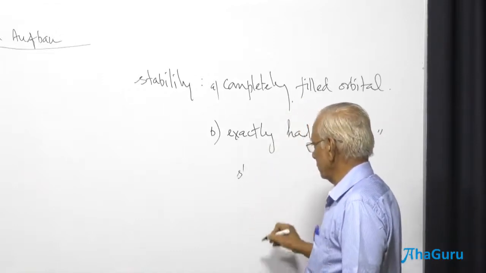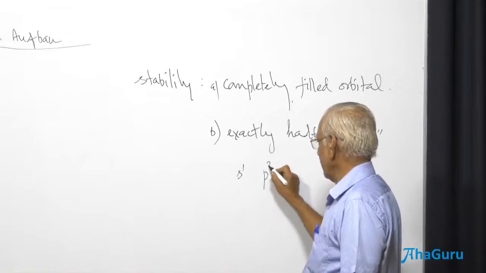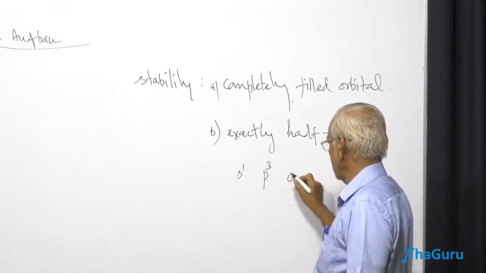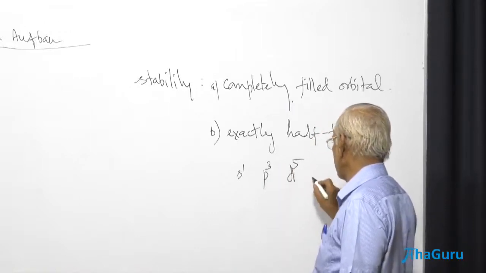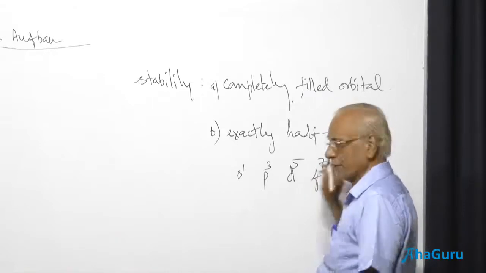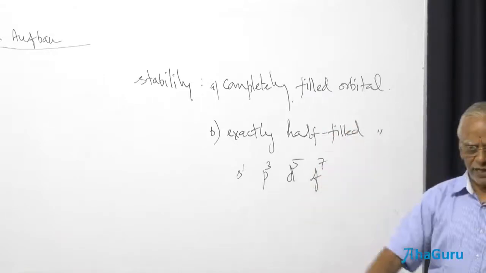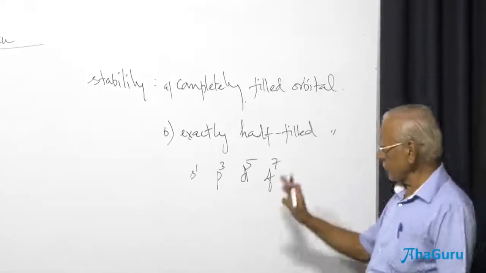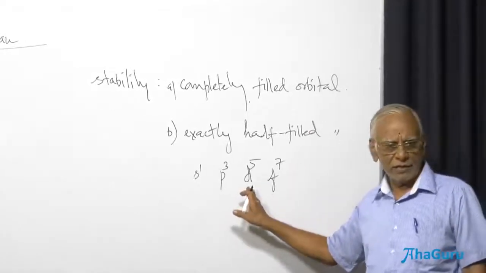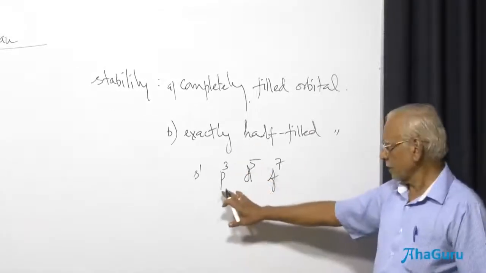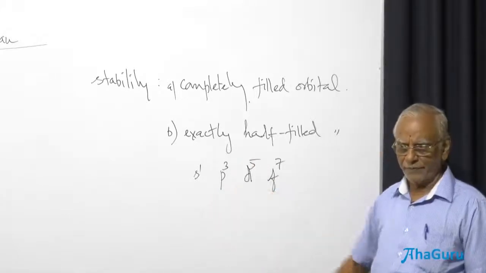S1, P3 is half-filled, D5 is half-filled, F7 is half-filled, because the maximum number is 14, half of that is 7; maximum number is 10, so d5; maximum number is 6, so p3.